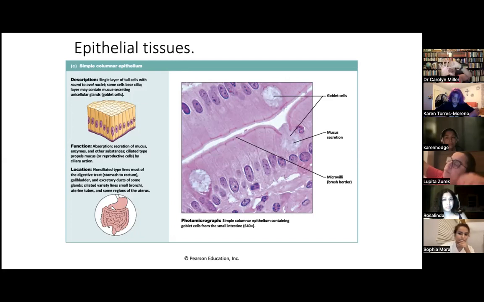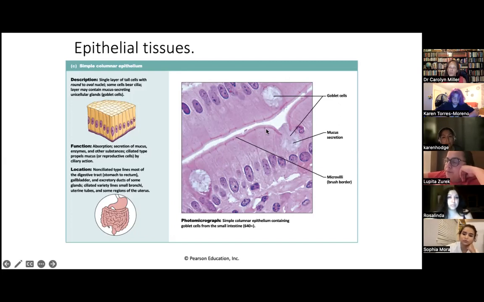Oh, now I have all this surface. I have all this surface area to absorb nutrients through, and that's what these microvilli are, finger-like projections. Notice the difference here with my simple columnar in the intestines and the goblet cells to add mucus to make the removal of waste easy. This is a simple columnar with the microvilli.